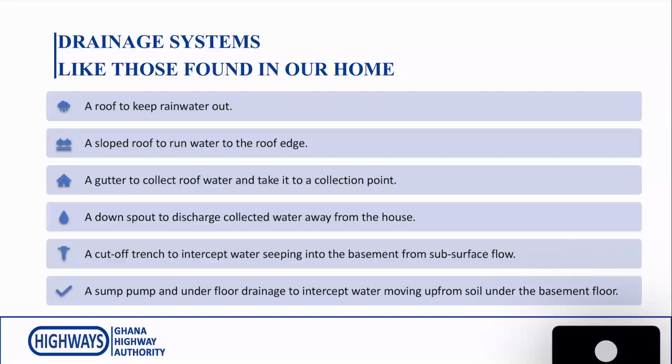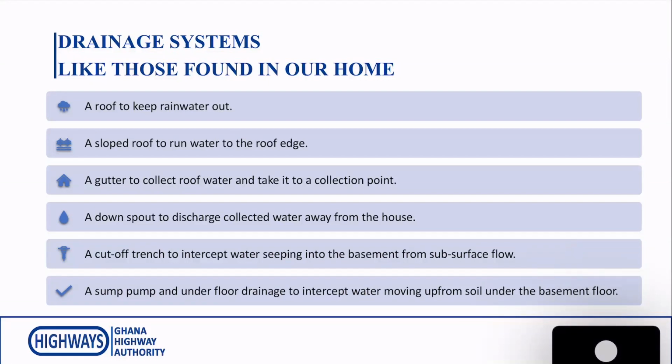For drainage systems to work very well, we can liken them to what we have in our homes. In our homes, we have a roof that protects the home from rainfall. I want to use this to describe how preventing water entering our homes links to preventing water entering our pavements.